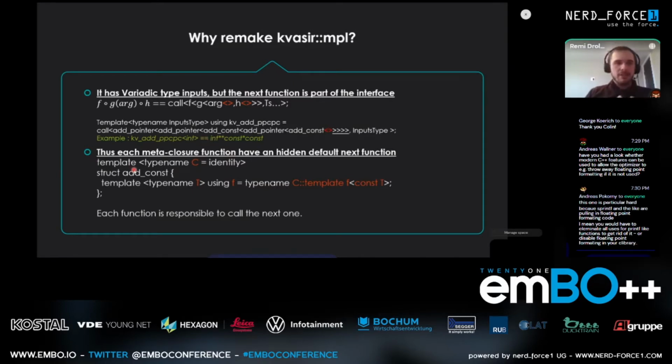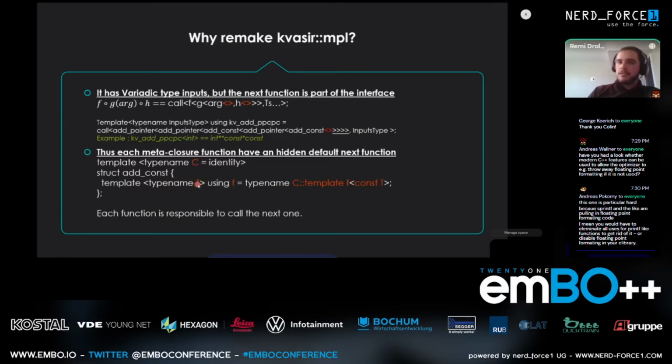So it's become the responsibility, like I said, of each meta closure to call the next meta closure. So the way it does it is, as you can see, add cons. You have this typename C, which is the continuation, the next function, and all meta closures contain this alias F templated with the input basically.